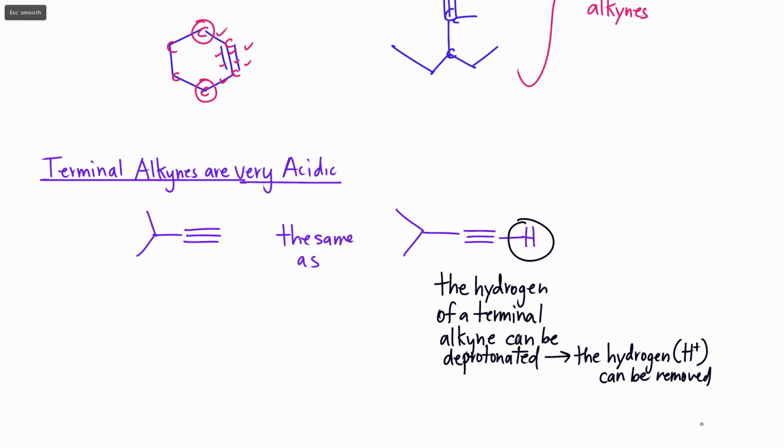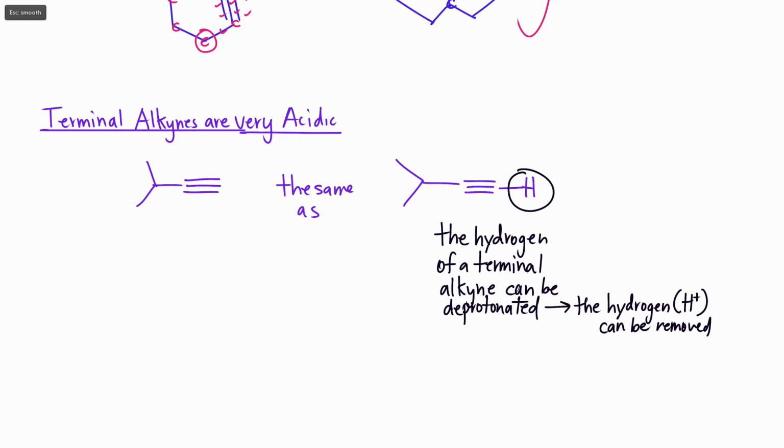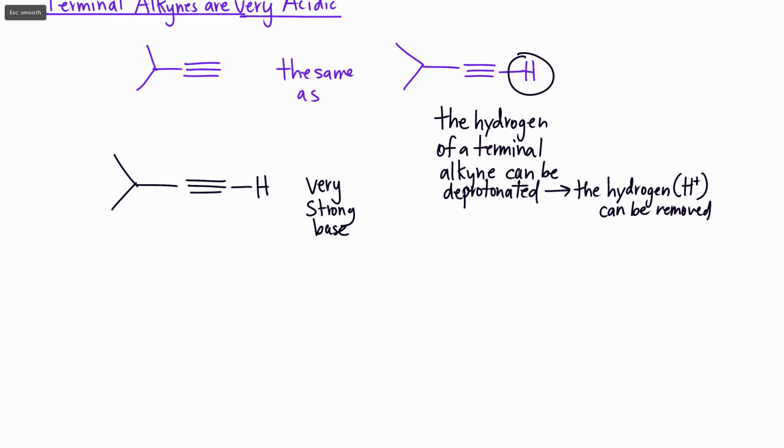So what I mean by that is, let's take this same example. If I deprotonate this with some very strong base, what we would have left is 2 electrons on that carbon, and that would give it a minus charge.